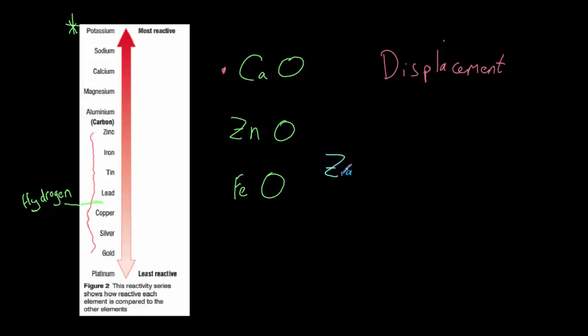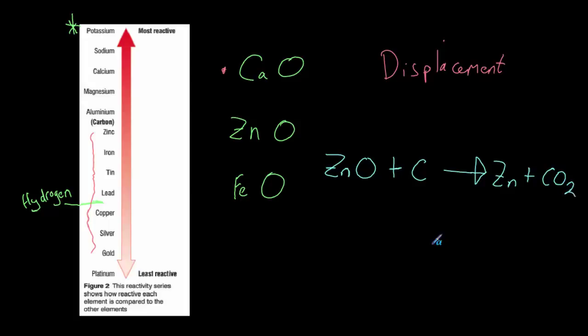But if we have a look at zinc oxide, if we add elemental carbon to it, we will get a displacement reaction because carbon is more reactive than zinc, and so we'll produce zinc plus carbon has now become an oxide, and the most common oxide of carbon is carbon dioxide.